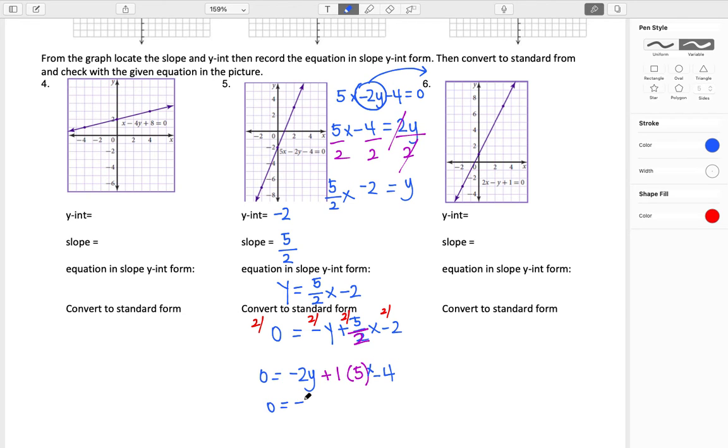So 0 is equal to negative 2y plus 5x minus 4. But I like to put it in alphabetic order. So it's going to be 0 equals 5x minus 2y minus 4. And this is my standard form. Okay, so remember standard form, the equation has to equal 0 and there should be no fraction.